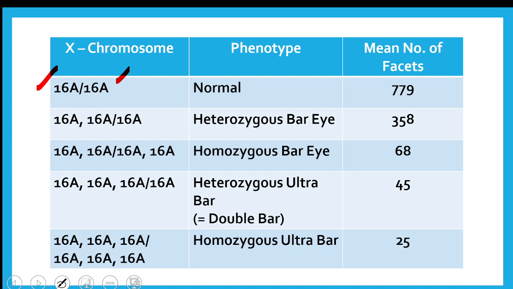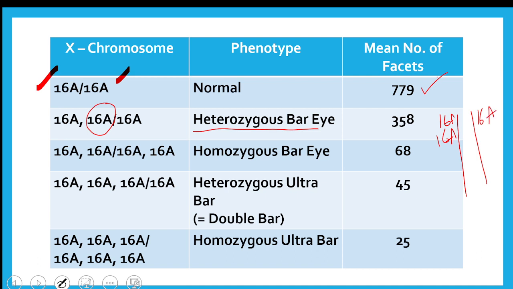In normal, what happened? There are a number of facets. The average is said to be 779. If due to unequal crossing over, duplication occurs on one side, we call this heterozygous bar. Why? Because duplication has been on one chromosome of a pair and the other has only a single one.